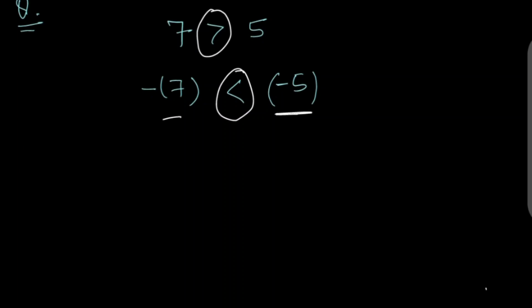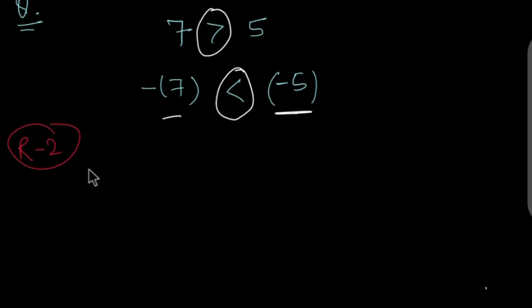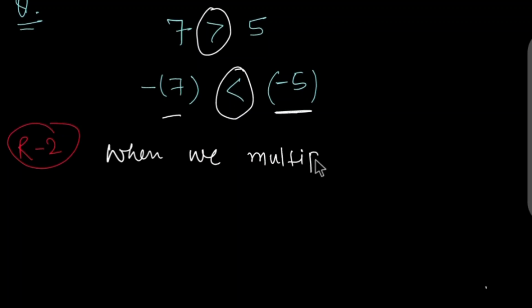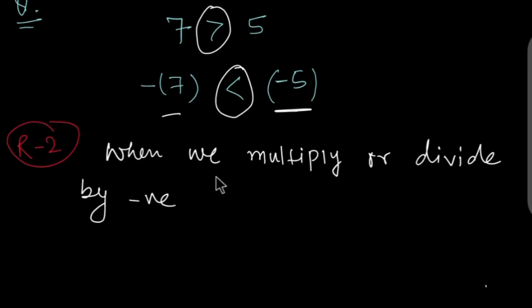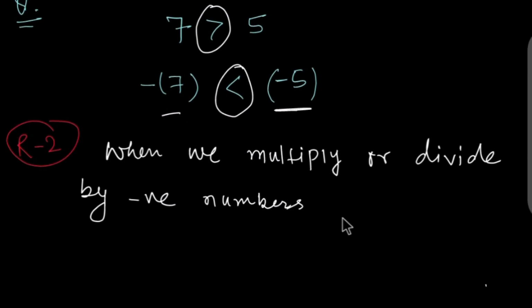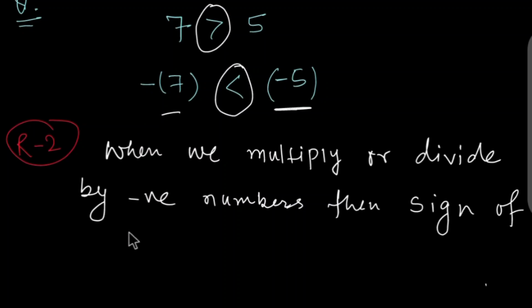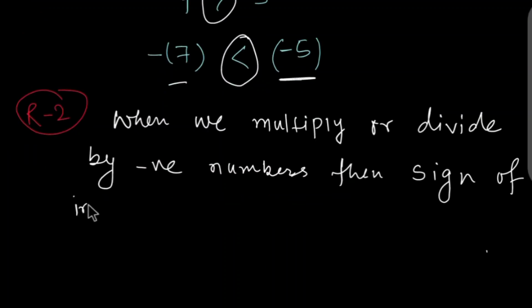So you put this as rule number 2: when we multiply or divide by negative numbers, then the sign of inequality changes.